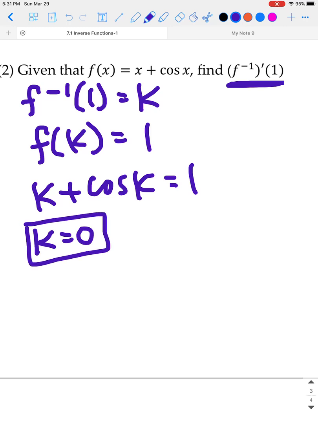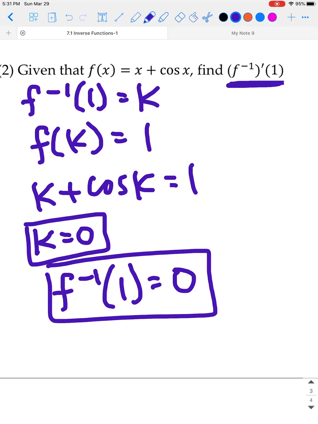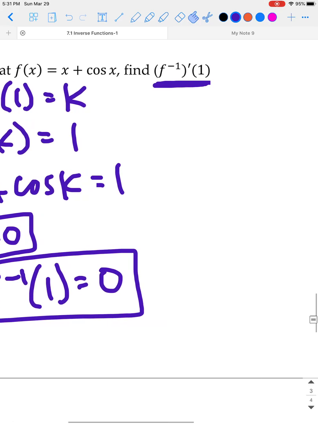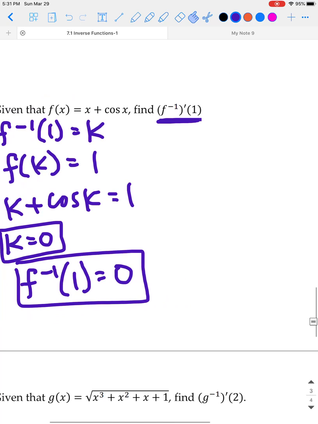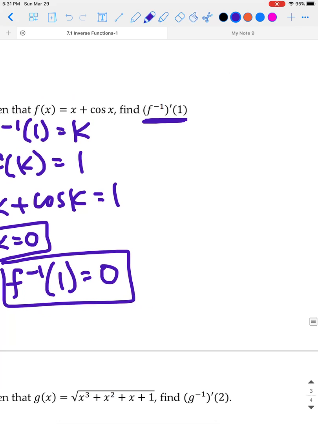And if you guessed correctly, you would get k is equal to 0. So 0 plus cosine of 0 is 1. So that is going to be the value that gives us 1 in this case, which means that f inverse of 1 is equal to 0. Okay.